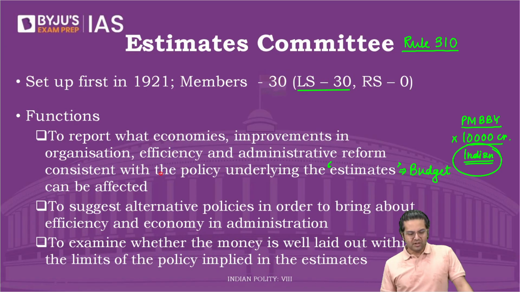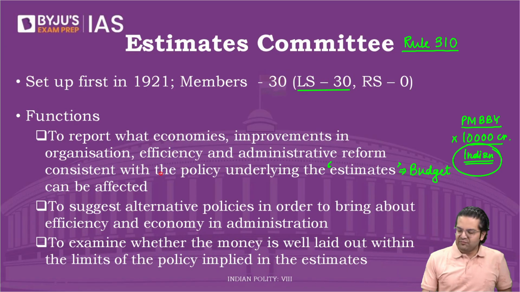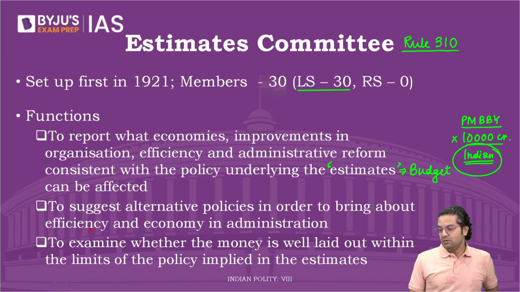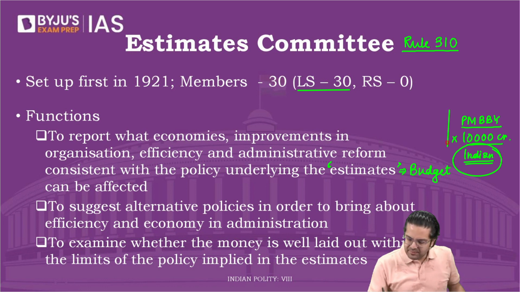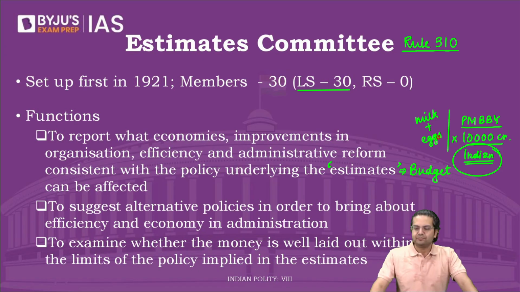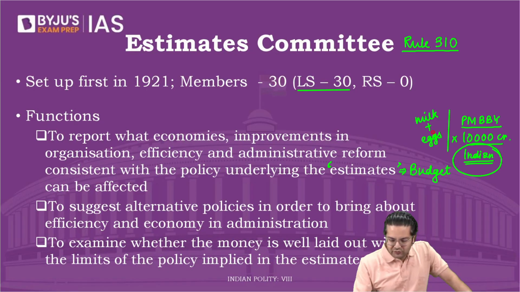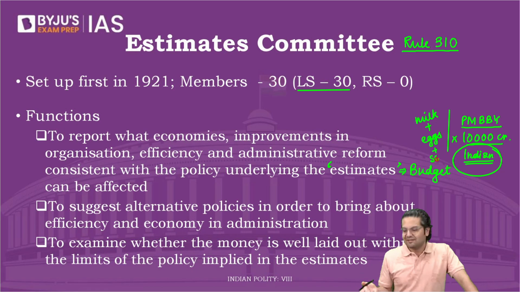Simple. Then to suggest alternative policies in order to bring about efficiency and economy in administration. Now, we are not saying the scheme is wrong, but I'm telling you, do one more thing. Why don't you also start adding milk and eggs to the midday meal? Milk for people who are vegetarians, eggs for people who are non-vegetarians, and also not to forget maybe soy milk for people who are vegans, right?